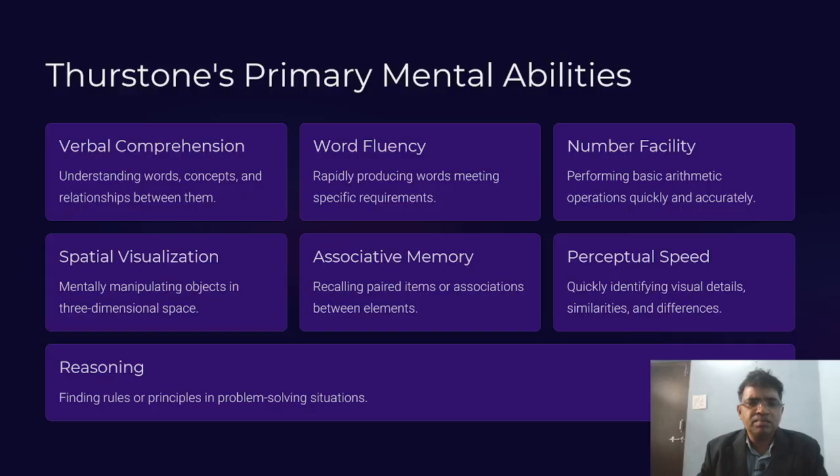Spatial visualization: mentally manipulating objects in three-dimensional space. Associative memory: recalling paired items or associations between elements. Perceptual speed: quickly identifying visual details, similarities and differences. Reasoning: finding the rules or principles in problem-solving situations. If you want, you can take a screenshot of this.